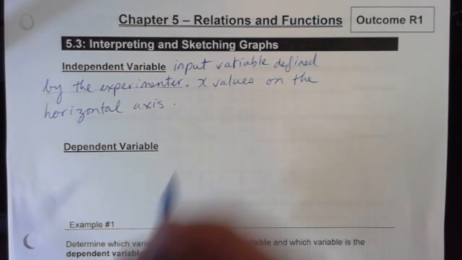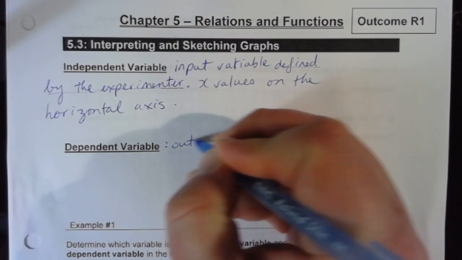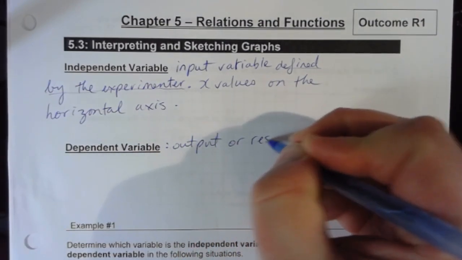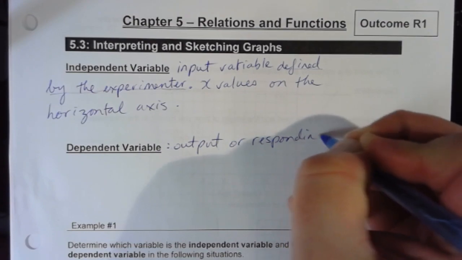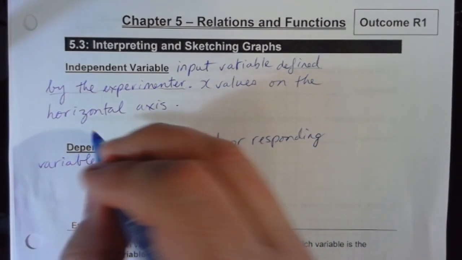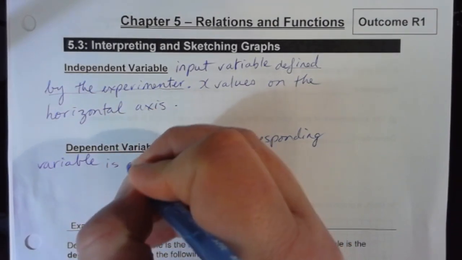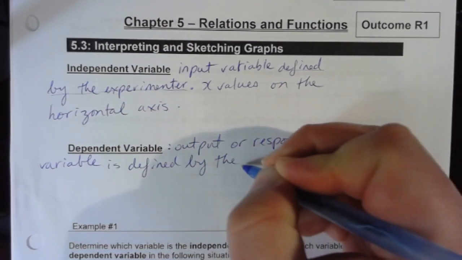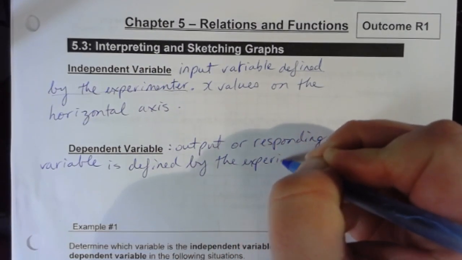The dependent variable, also known as the output or responding variable, is defined by the experiment itself.